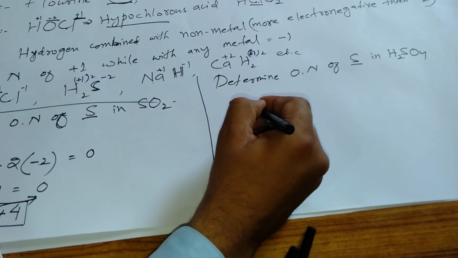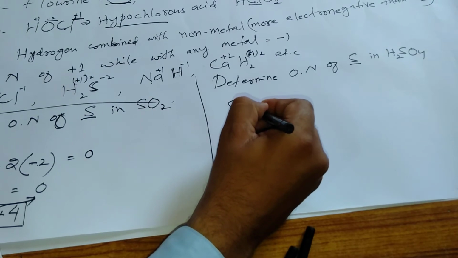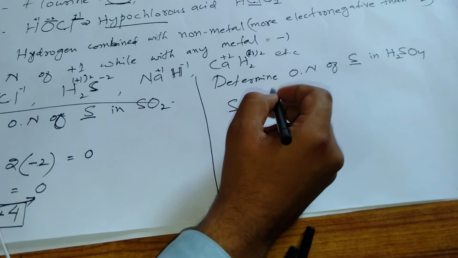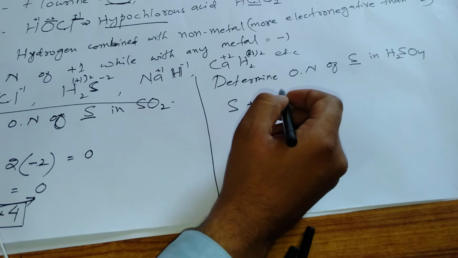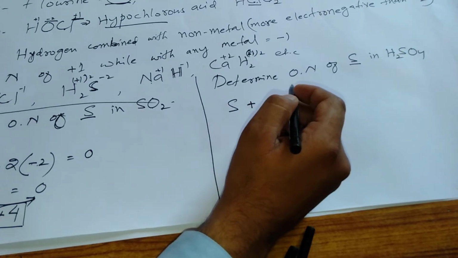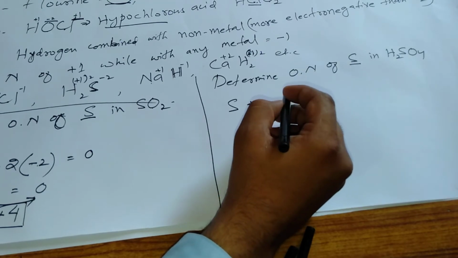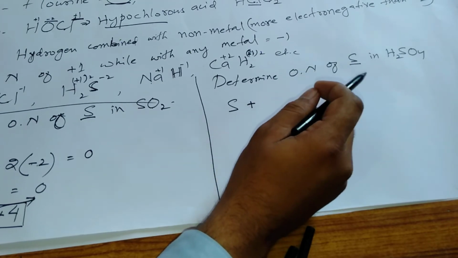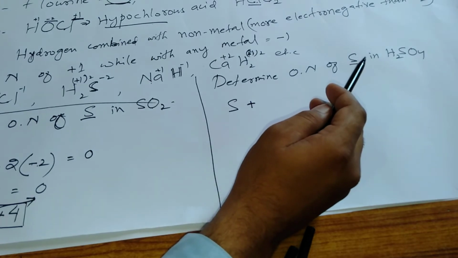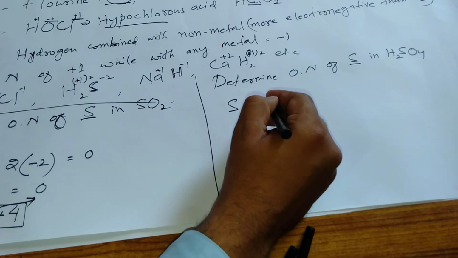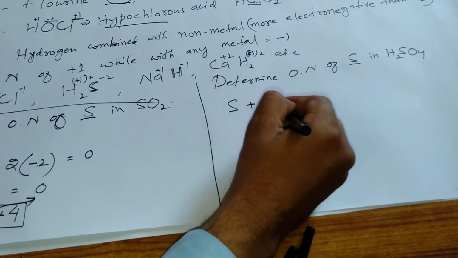Then we will write plus, then we will write the oxidation numbers of all atoms along with their number of atoms. So there are two other types of elements, hydrogen and oxygen. We will write hydrogen first. There are 2 atoms of hydrogen.